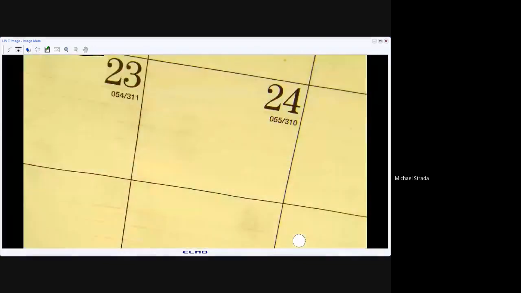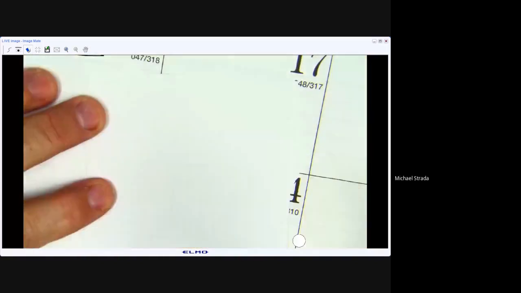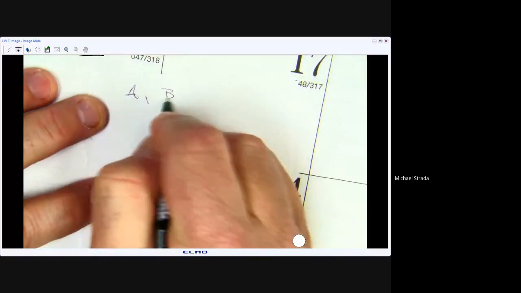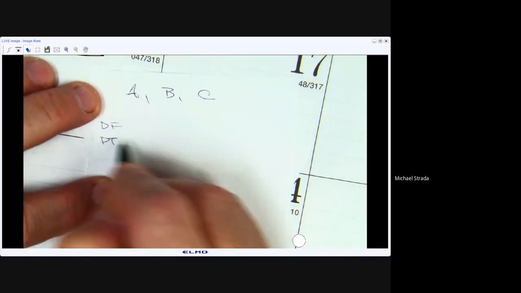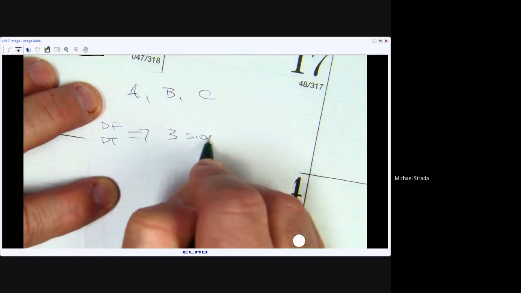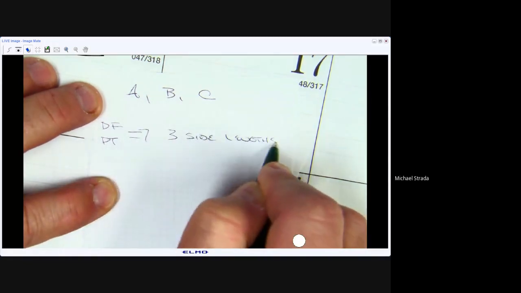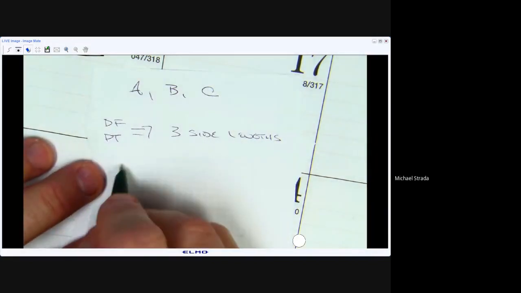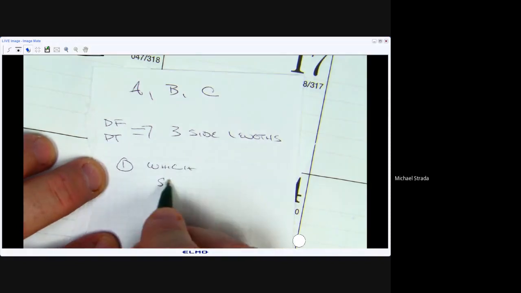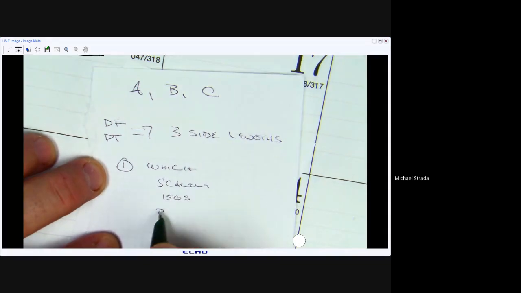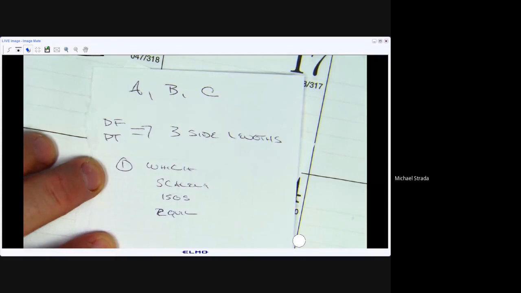So what I'm telling you, when you take the quiz, okay? This is what's in my head right now. I give you the 3 vertices, A, B, and C. And I say, okay, use either the distance formula or Pythagorean theorem. Tell me what the 3 side lengths are. And then question 1 will be which of the following, scalene, isosceles, or equilateral, multiple choice.